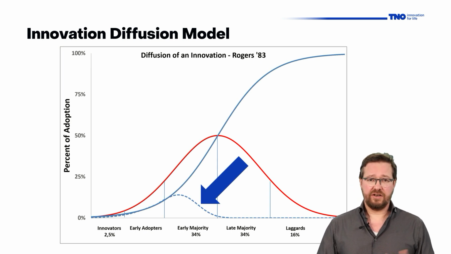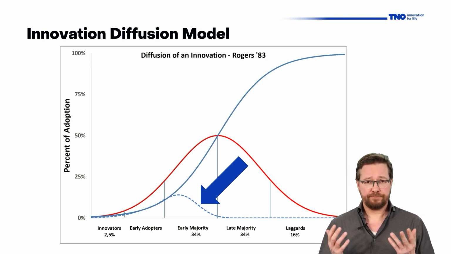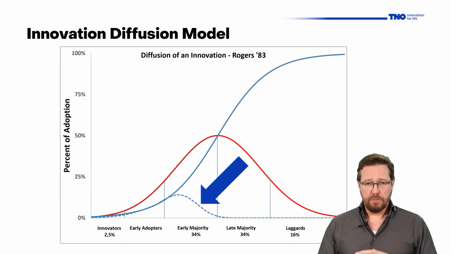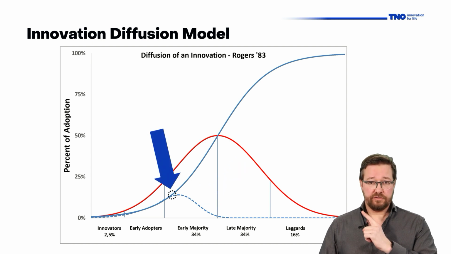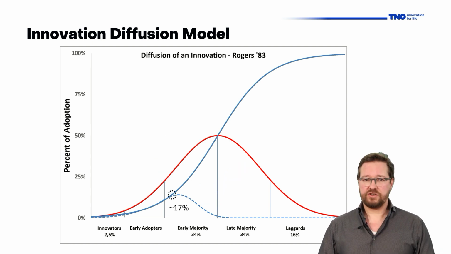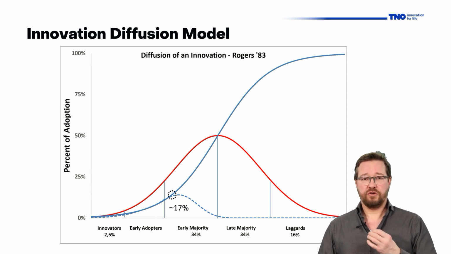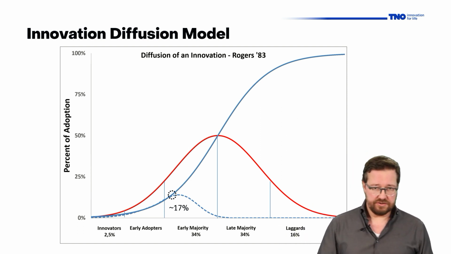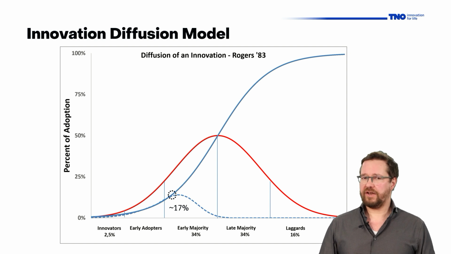Or if they really did bad market research, not even that. Most technology-based startups don't make it beyond this point, which is about 17% of the market share, and then as a consequence fail because of the no market need reason. So what's up with that?